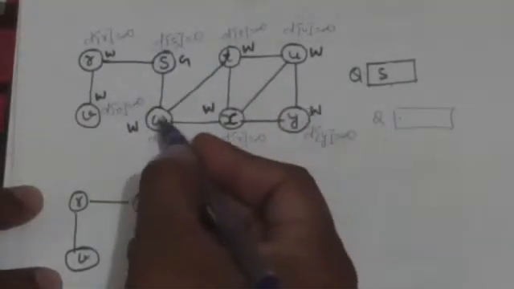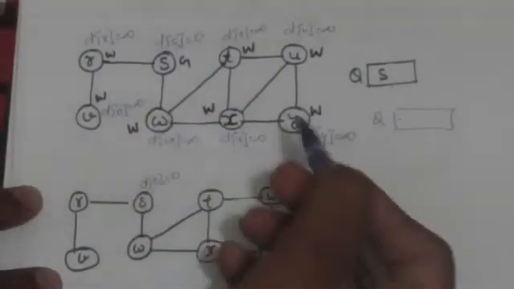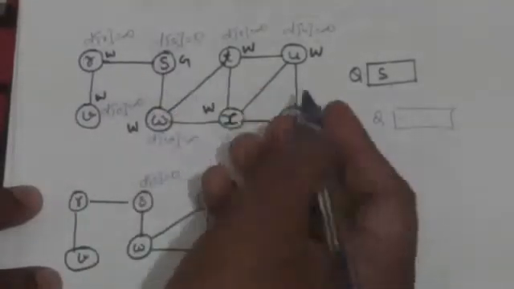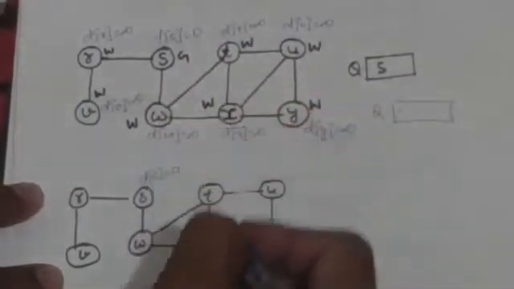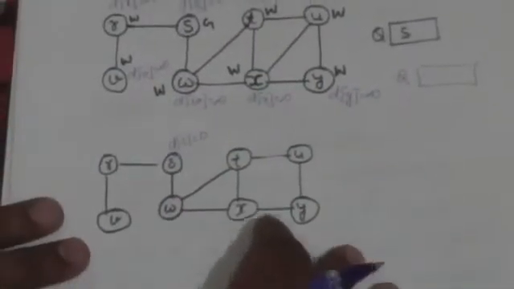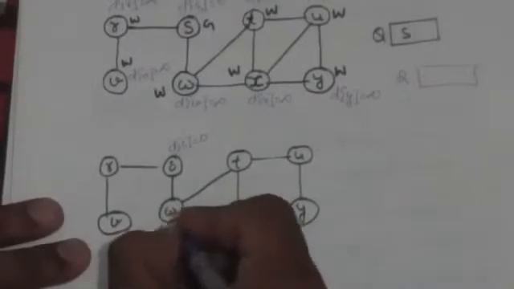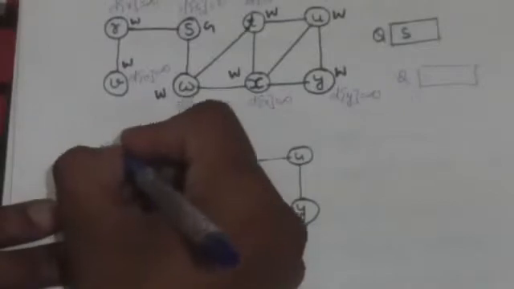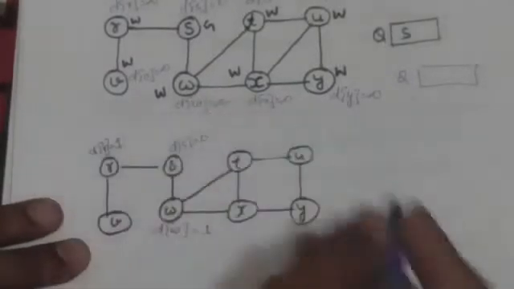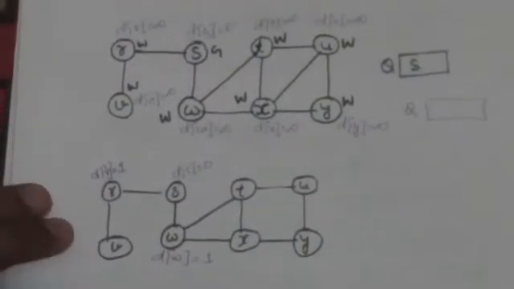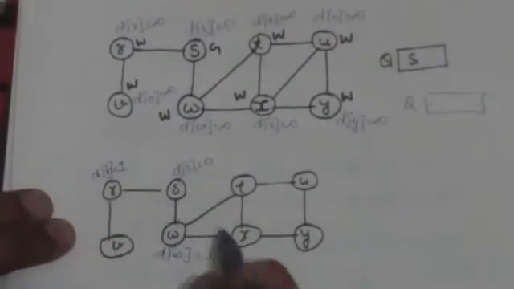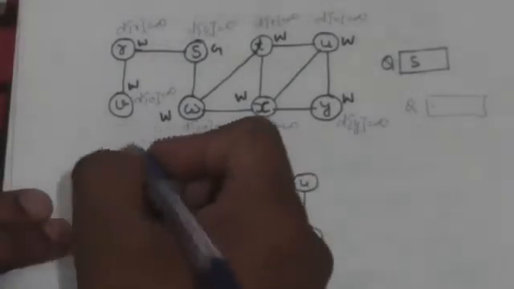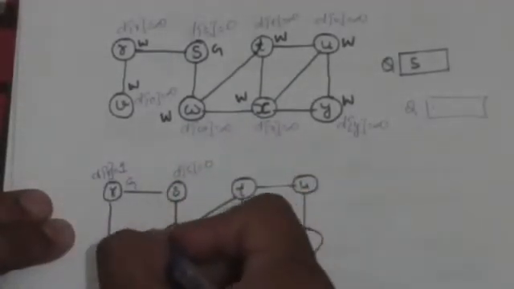So the distance of vertices W and R from source vertex S will be set to 0 plus 1, that is 1. Now, the color of these vertices R and W will be changed from white to gray.